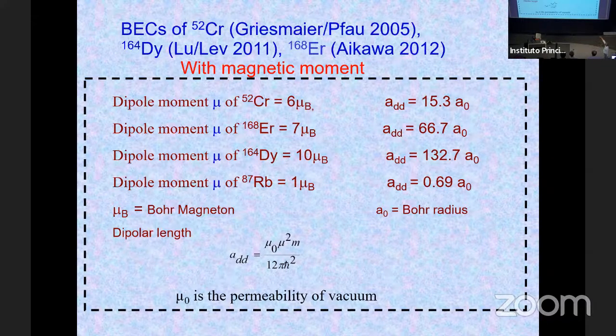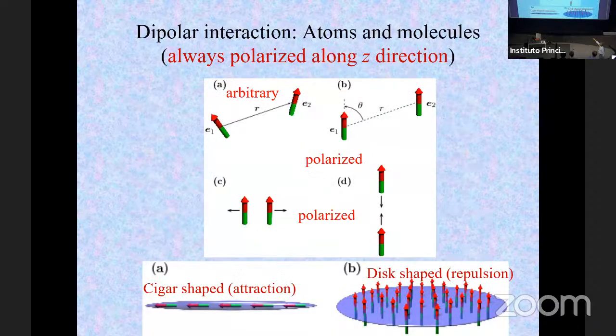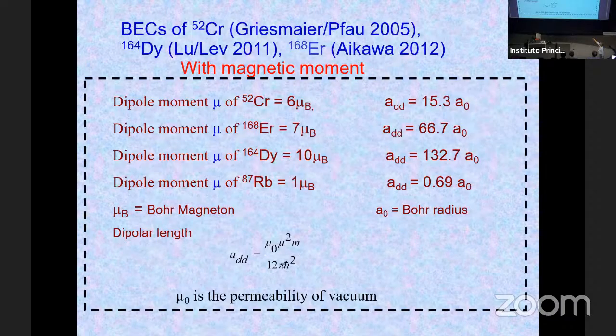These are the atoms which were normally used in dipolar experiments, and they have a large dipole moment compared to the rubidium atom or other alkali metal atoms, which have 1 unit of Bohr magneton. For some reason, nature is not so symmetric.